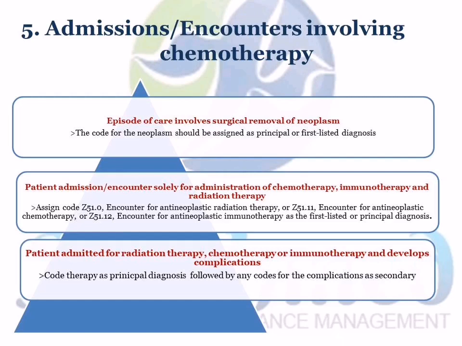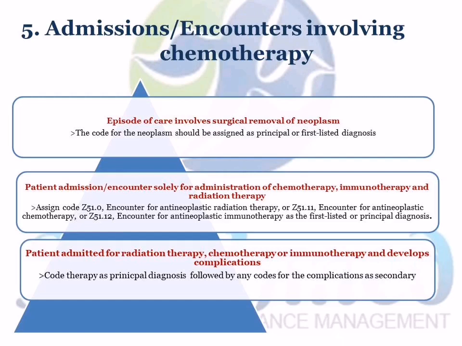Then if the patient is admitted for radiation or chemotherapy and develops any complications, that is, the patient came to the hospital for chemotherapy or radiation or any type of therapy, and now the patient is having complications, we have to code the therapy as a principal diagnosis, followed by the complications as a secondary diagnosis.